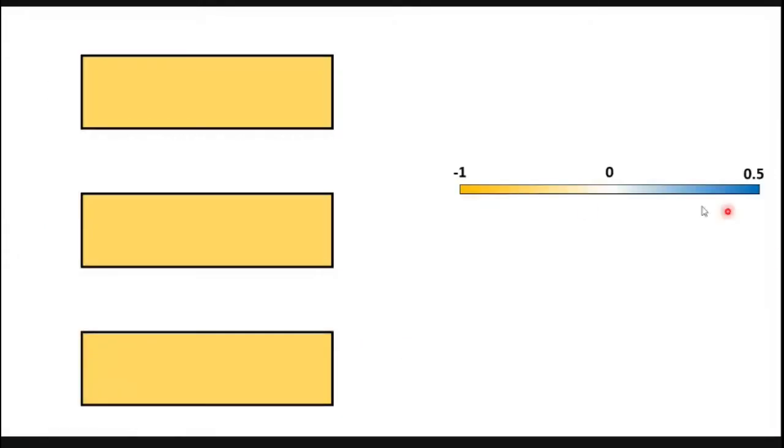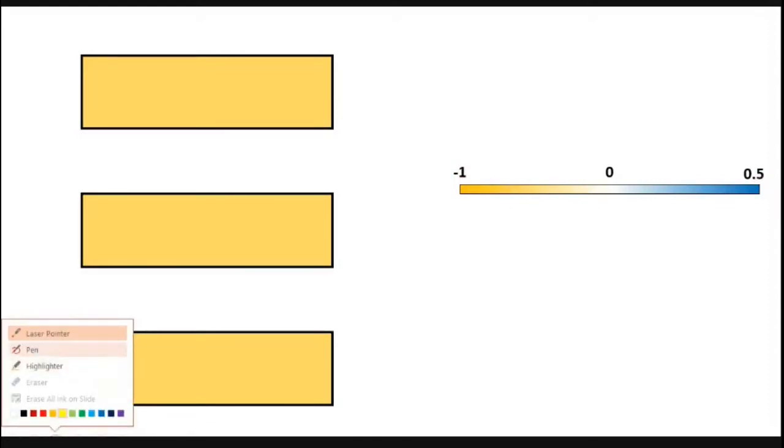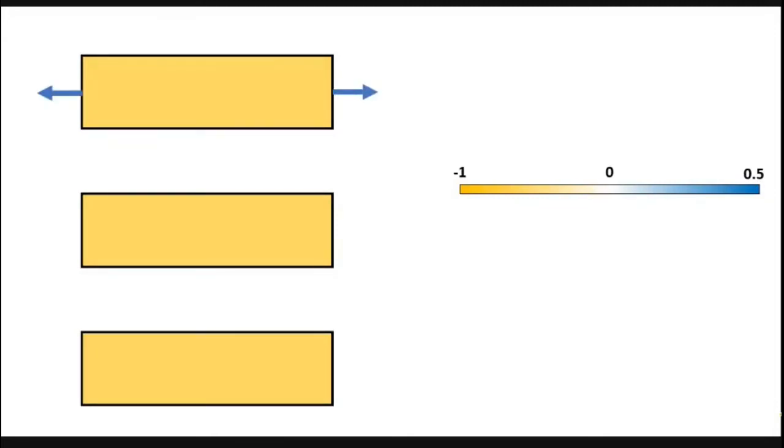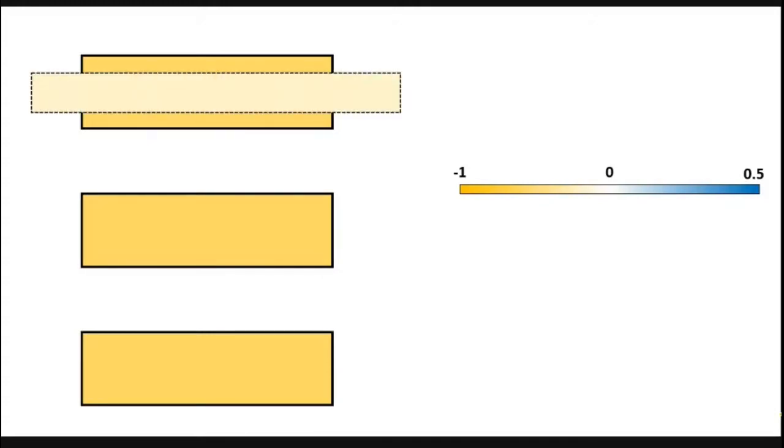The value of Poisson's ratio is from -1 to 0.5. So 0.5 is my maximum value. Here you have to think about what all materials can have this. For example, let me consider this first object. I am applying a force. When I apply a force, the object changes like this, right?